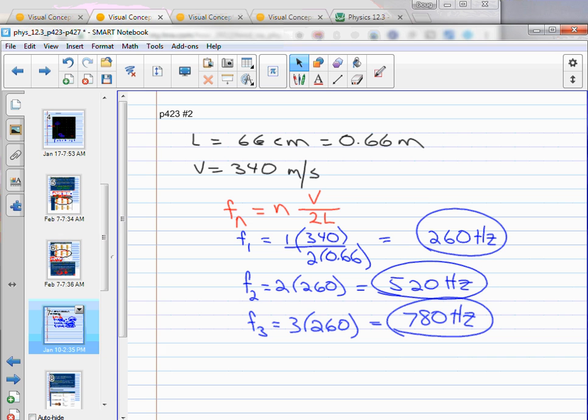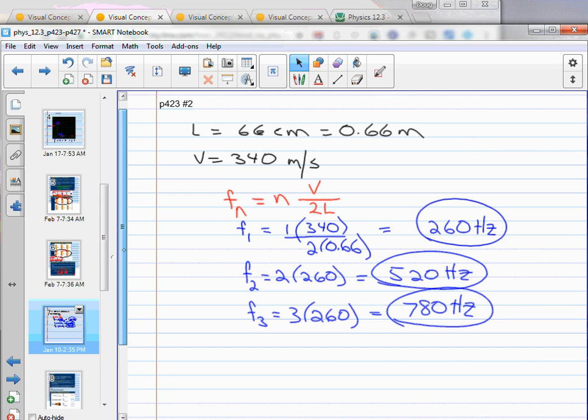If you look at page 423 in your book, problem number 2, here is the work that goes with it. They say we have the length of 66 centimeters, which is 0.66 meters. We need to make sure we convert it to our fundamental unit of meters. Velocity of air here, or in the string, is 340 meters per second.